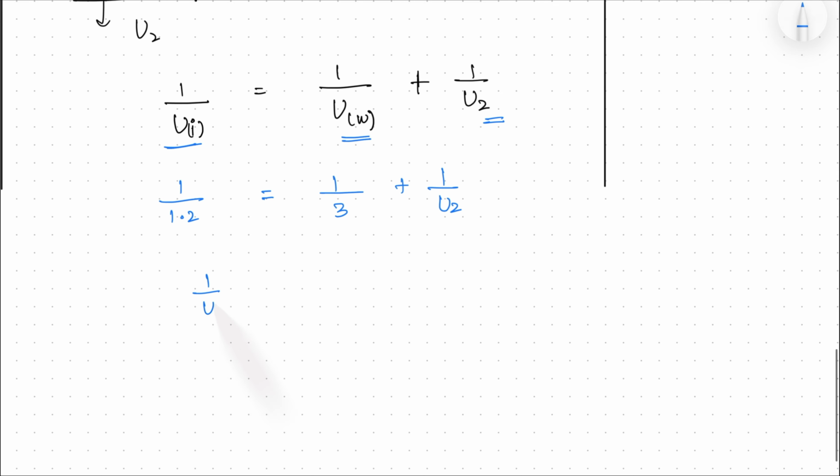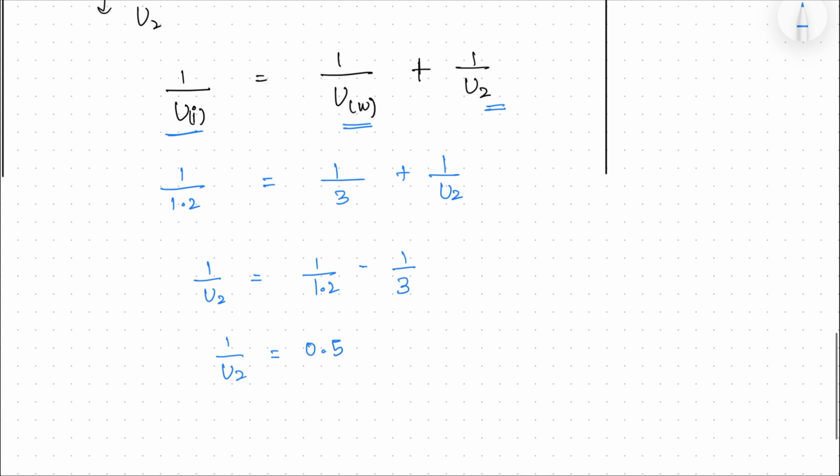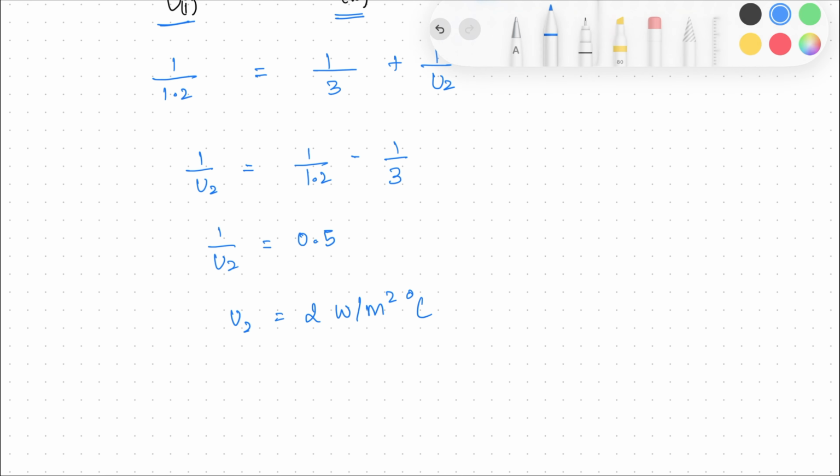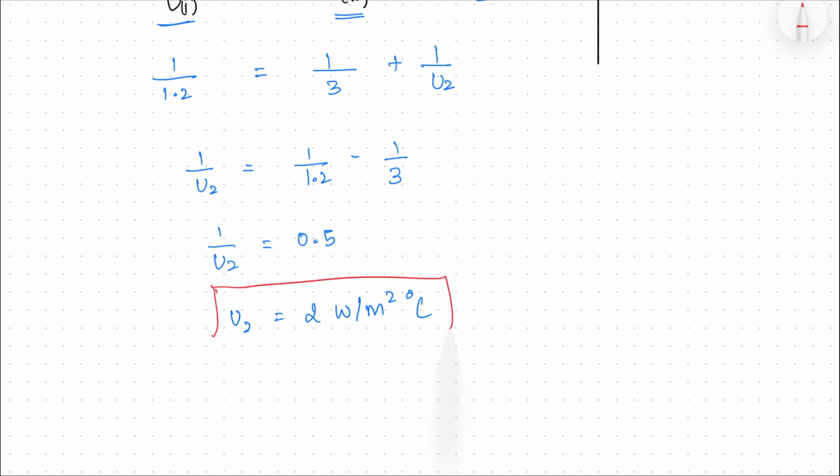You will get 1 by u2 is equal to 1 by 1.2 minus 1 by 3, which will give you 0.5. So what would be your u2? It would be 2 watt per meter square degree Celsius. This is the U value of the insulation layer.